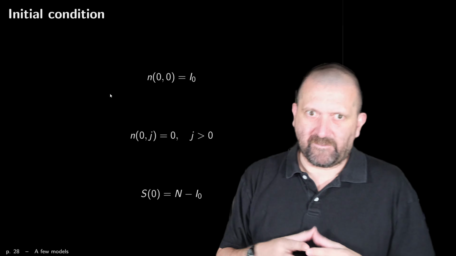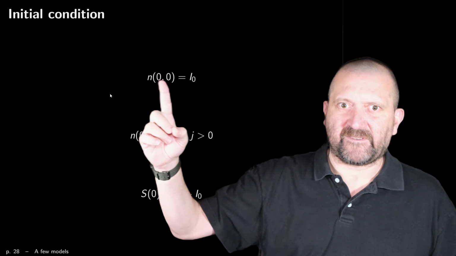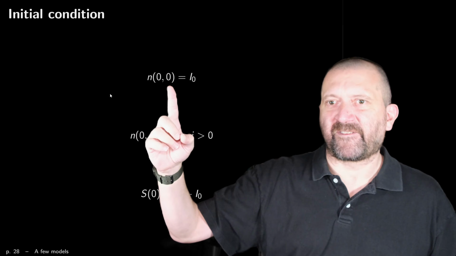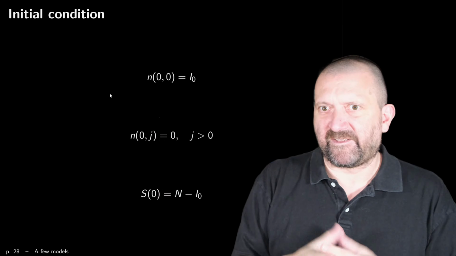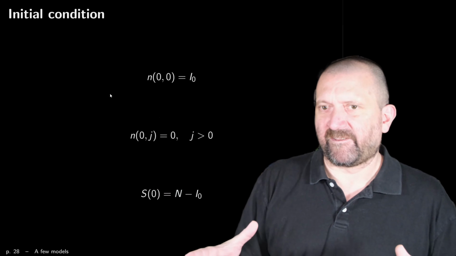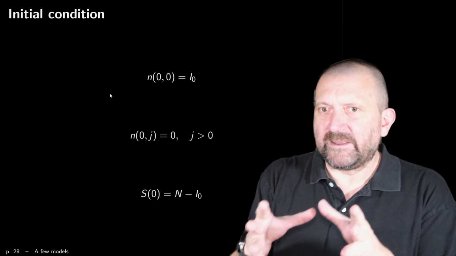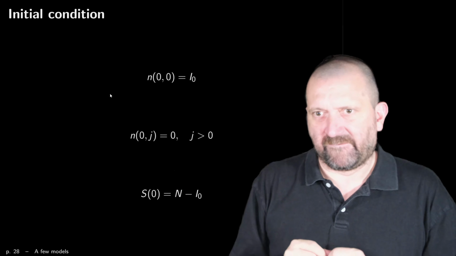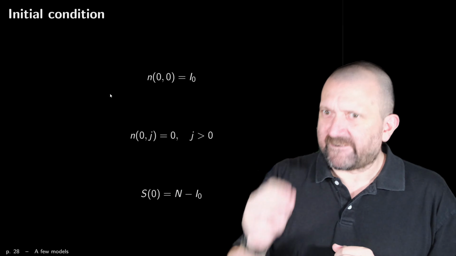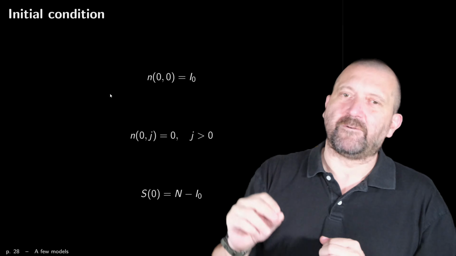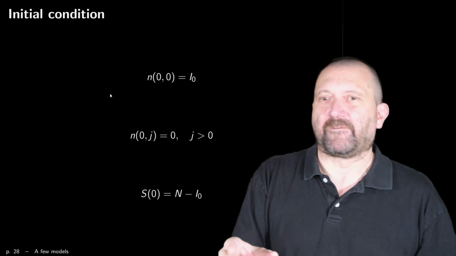The initial condition they take is they say that at time 0, with infection age 0, there were I0 individuals who had infection age 0. So that's how many individuals were initially infected, and they choose to take that the initial infection only concerns individuals who were infected at time 0.